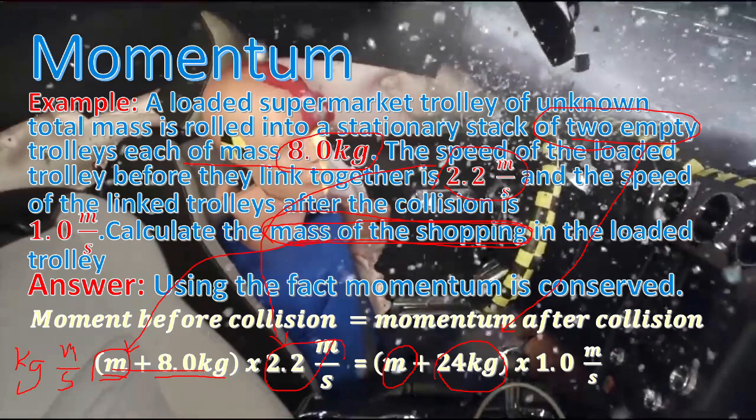So two empty trolleys would be 16. But after the collision we already have three, so 16 plus 8 gives us 24. That's why we have m plus 24 kilograms, multiplied by our speed after the collision, which is 1 meter per second.